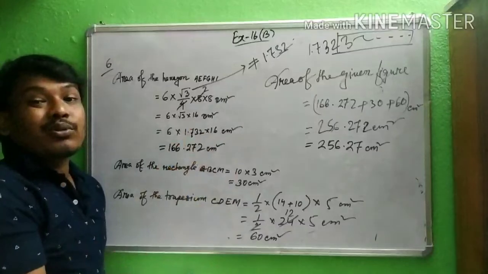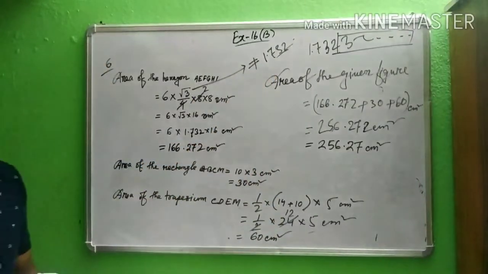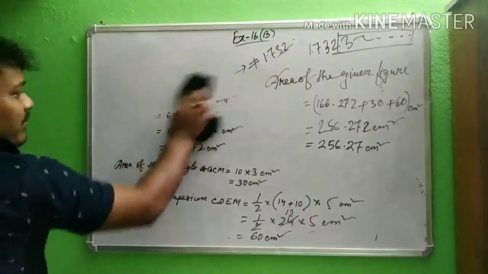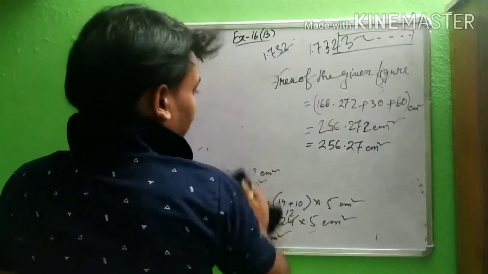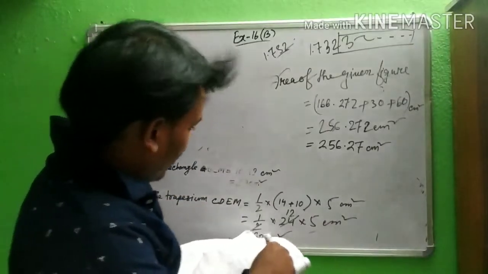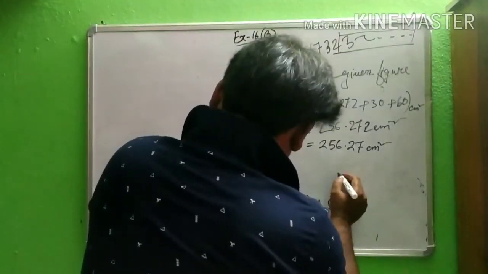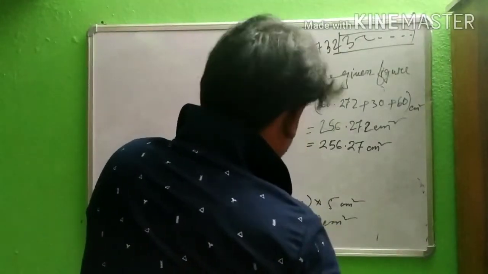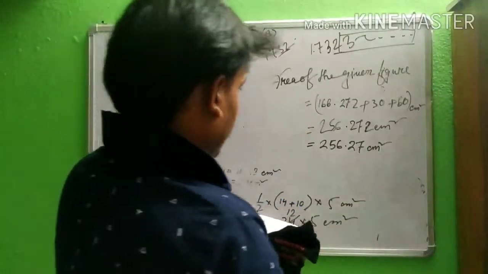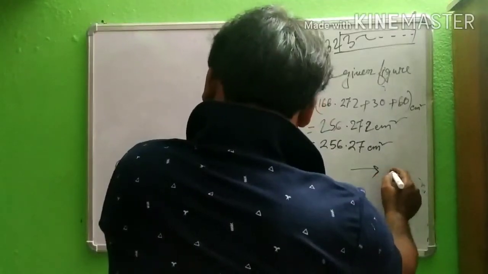Root 3 and root 2 are irrational numbers, so it is not the actual value. So which option is the answer? 256.27, option B.